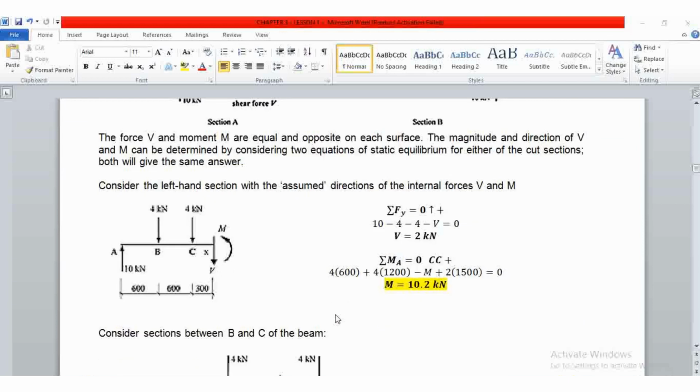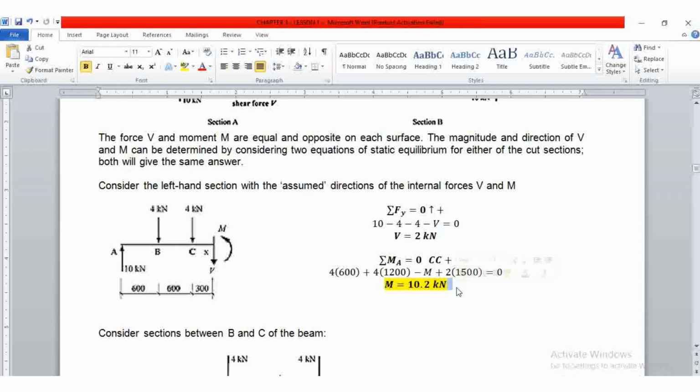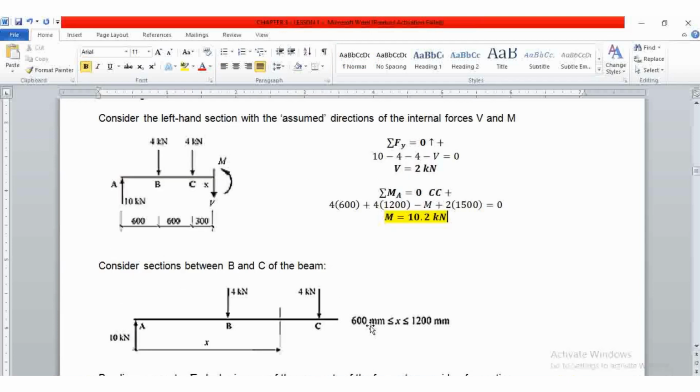Diyan sa equations na yun, makukuha natin yung 10.2, that is the moment at itong value ng M na to. Same with the other sections of the beam.